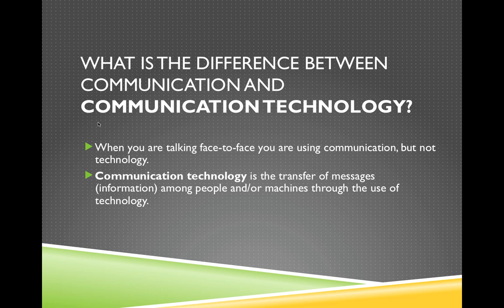Okay, for example, you using your cell phone is an example of using technology to communicate. Your iPads are a way that we communicate messages to and from you. Okay, so just understand the use of machines or things of technology to get a message across. That's what communication technology is.